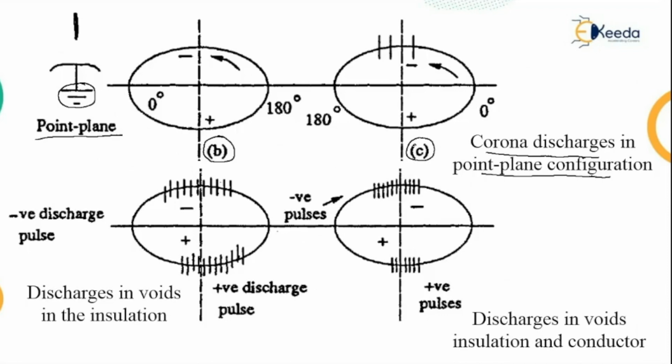When the voltage applied is greater than the critical inception voltage, meaning the voltage at which discharge of specified magnitude occurs, multiple pulses appear.